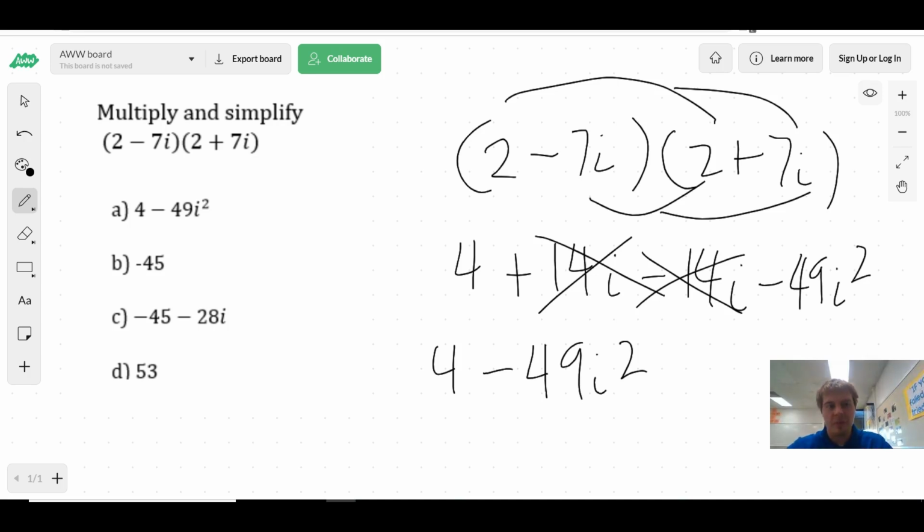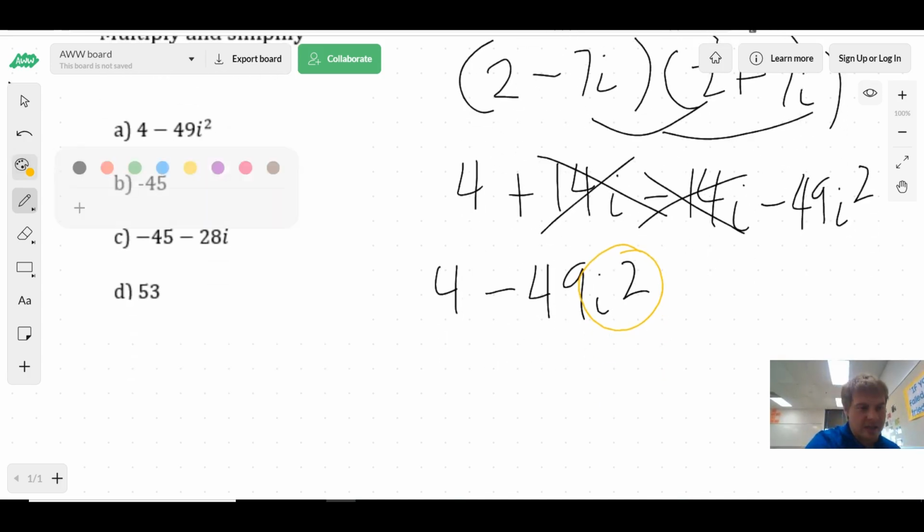And so at this point, a lot of people are going to be tempted to pick A right now. And you should not be tempted, because i squared is a number that you actually know. i equals the square root of -1.